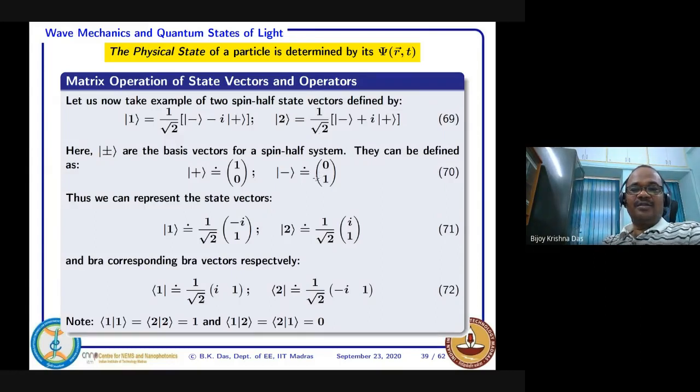Then we define two arbitrary wave vectors, 1 and 2. You can define some wave vector 3 also with different coefficients. These are not fixed. These are two arbitrary wave functions we are handling using these basis vectors. That's it. Is that clear?